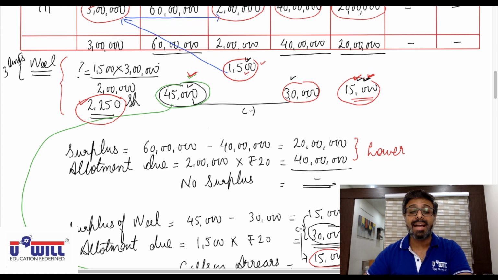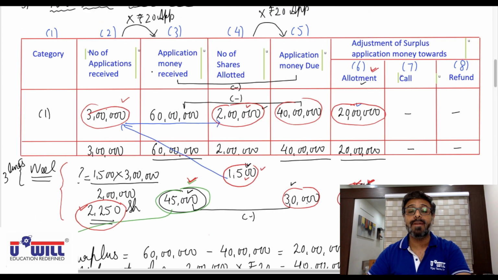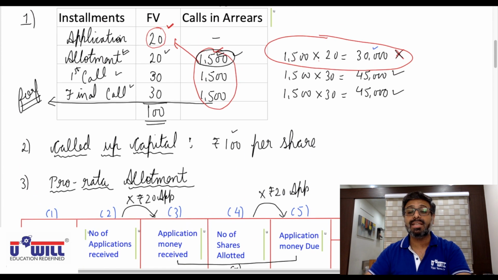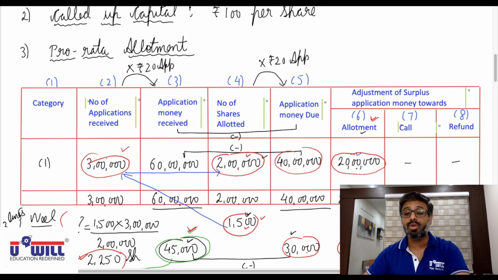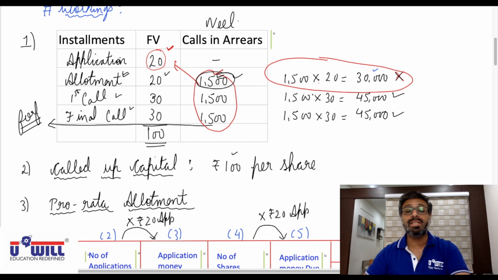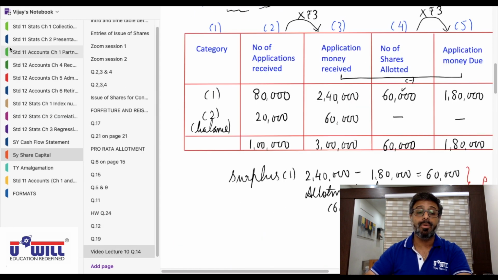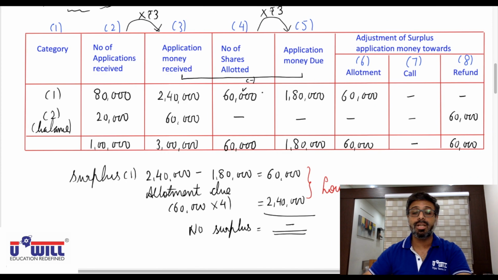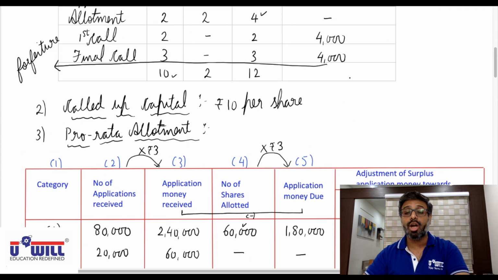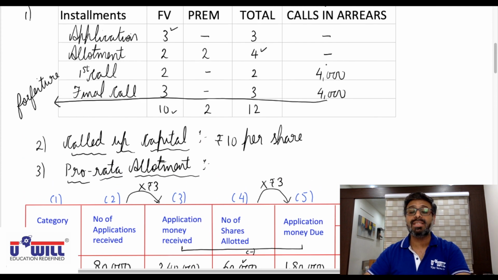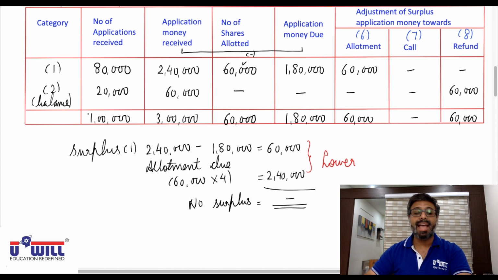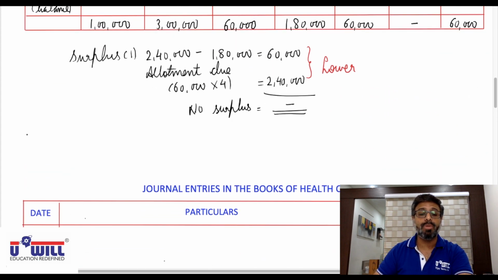But when are these kinds of weird calculations to be done? Only when there are call scenarios in allotment and adjustment goes till allotment, or adjustment goes till call and there are call scenarios in call. But in this question, adjustment goes till allotment but there are no call scenarios in allotment, so that calculation of allotment is not to be done.